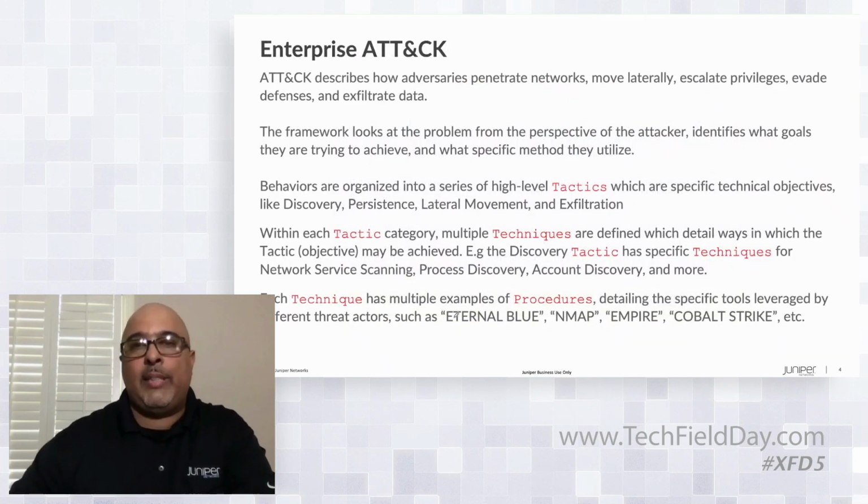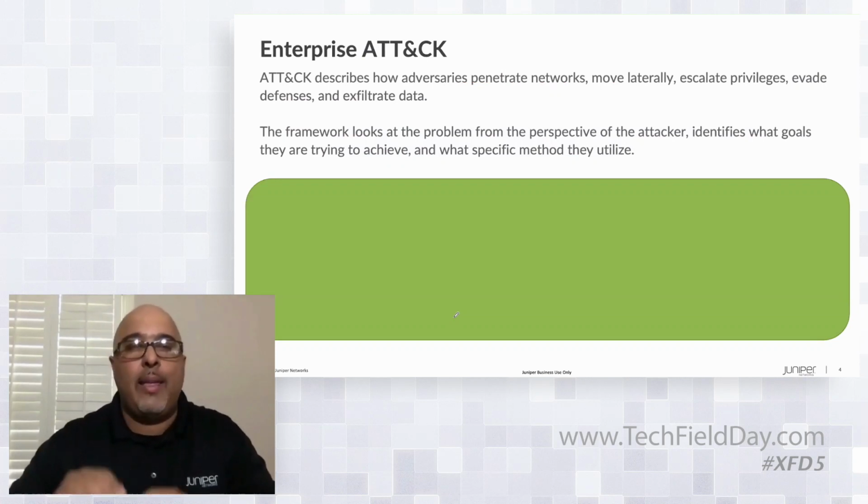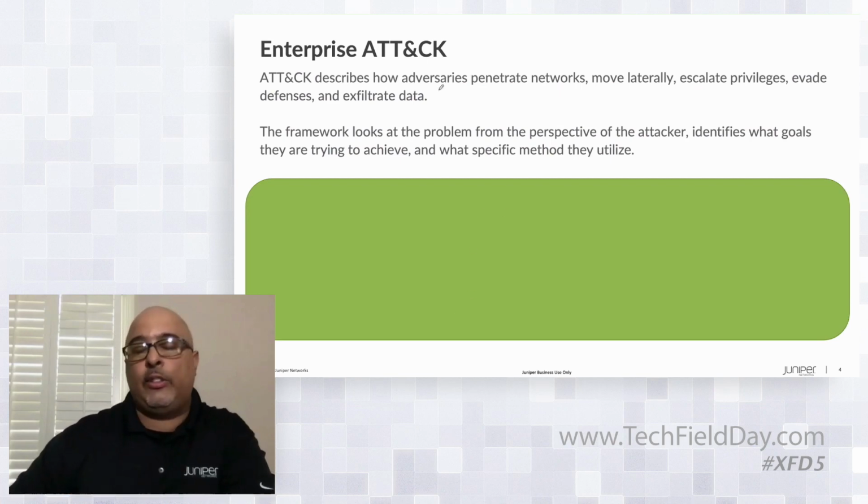Okay, this slide represents everything people hate about PowerPoint. Way too many words, way too much stuff on the PowerPoint. So I'm going to simplify it because this is probably the most important slide for us as defenders when it comes to cybersecurity. This comes from the MITRE Enterprise ATT&CK Framework, and I'm just going to read these first two sentences.